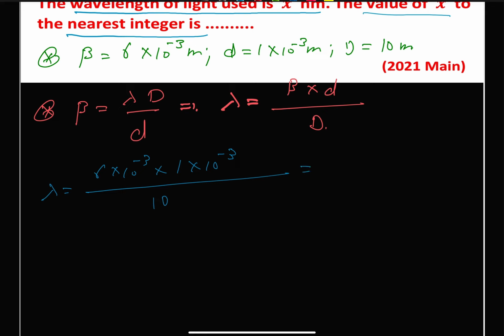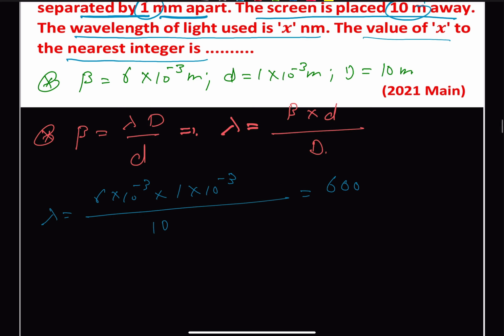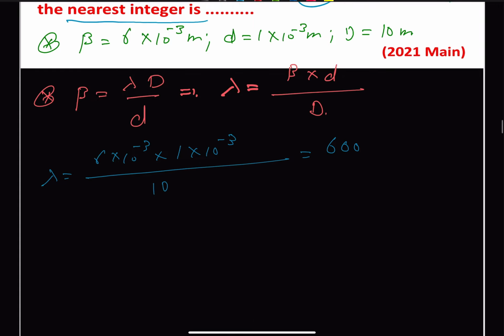So this becomes 6 into 10 to the power minus 5, and it is given in nanometer, so we can write this as 600 into 10 to the power minus 9 meters, or we can say this will be 600 nanometers.